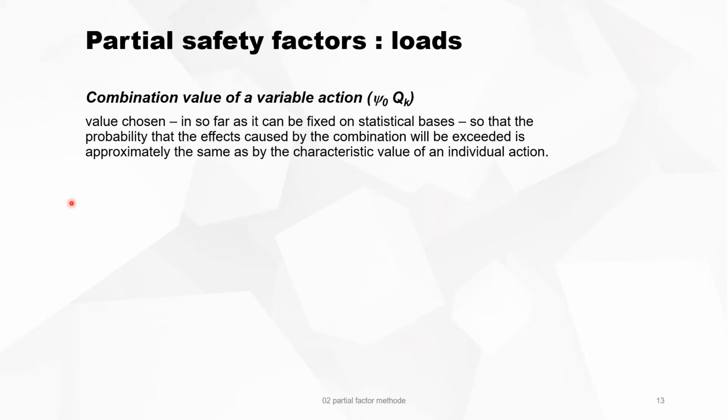A combination value is nothing more and nothing less than taking into consideration that two variable actions can happen at the same time. But they will not act for 100% of their value at the same time, because the probability that this will happen is lower than the probability that the first action will happen, plus the probability that the second action will happen. So that's why we have combination values.